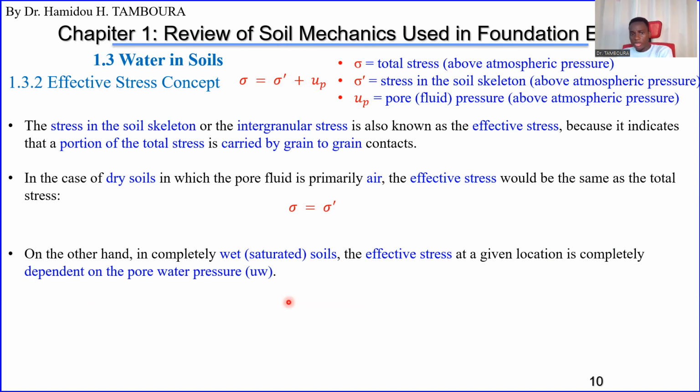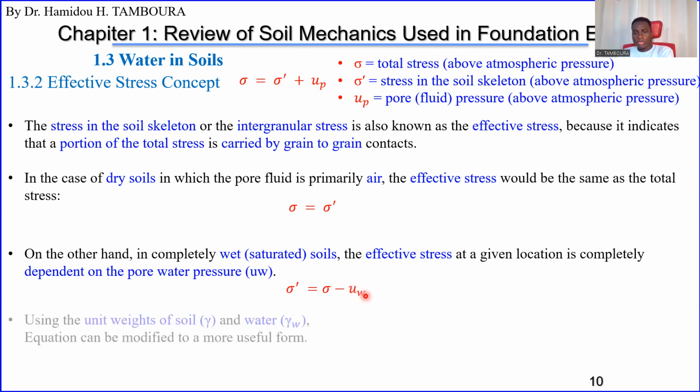But in any case, if the soil is saturated, then the pore water pressure will influence everything. So in that case, effective stress, sigma prime, now you know this is effective stress. For example, here, the same formula as here: total stress minus this UW. This one is total stress, this is effective stress, and this one is the pore water pressure.